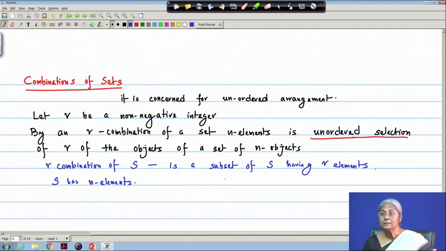Since order is irrelevant, I can simply say this is an R element subset from the set S of n elements.